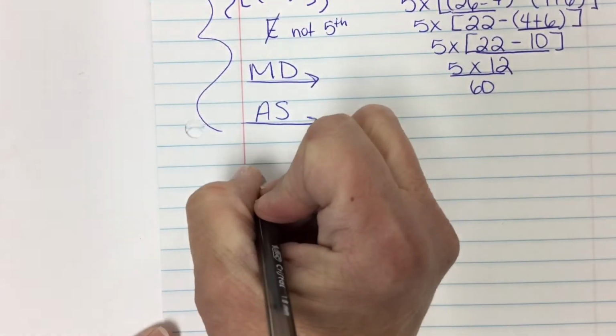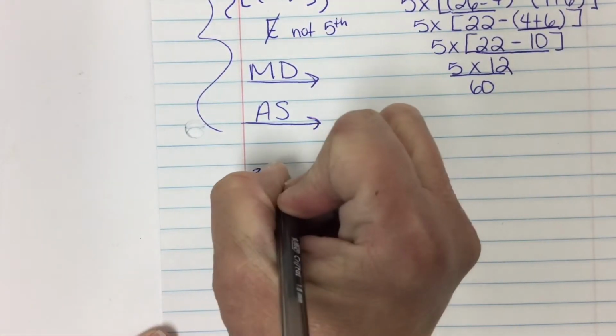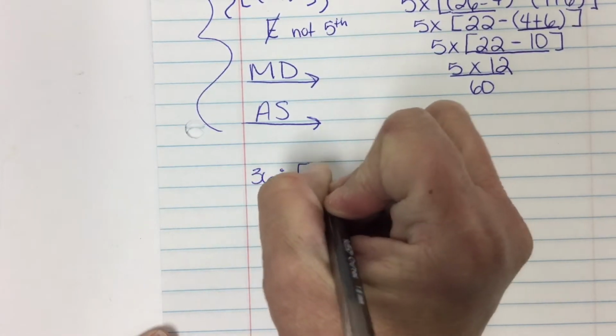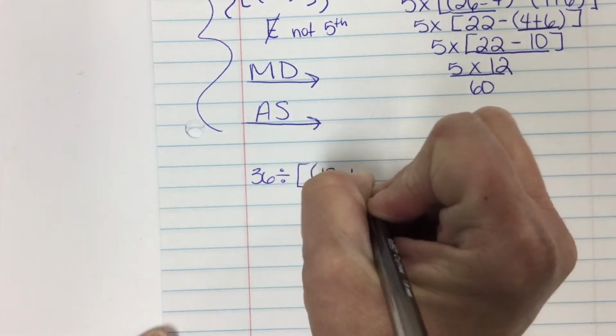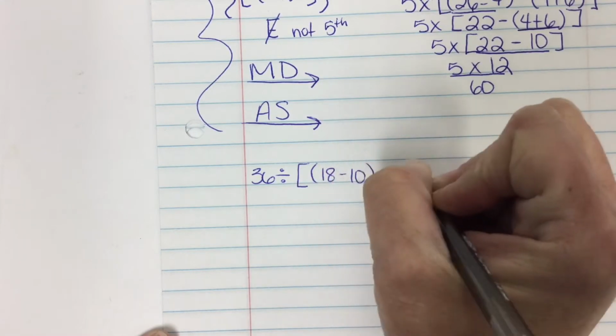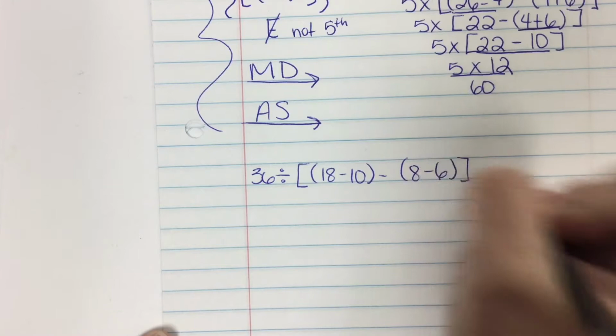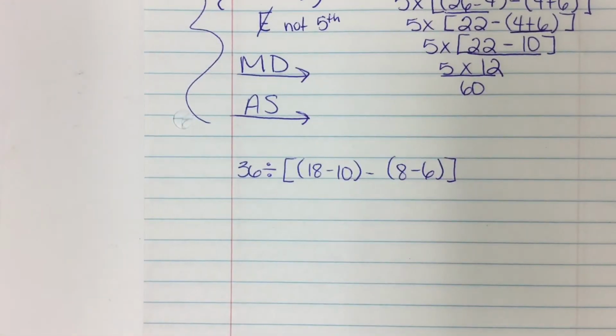How about 36 divided by bracket... All right, which step should I do first? Okay, what am I going to solve first? What problem are you going to solve?